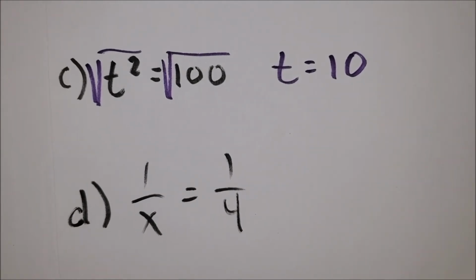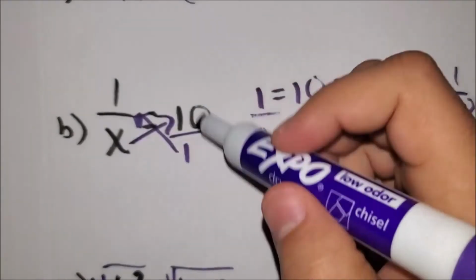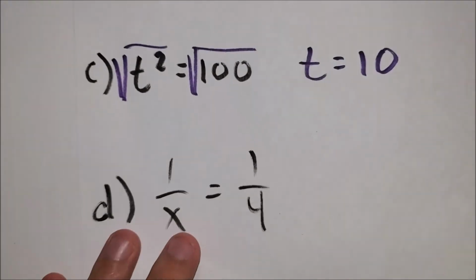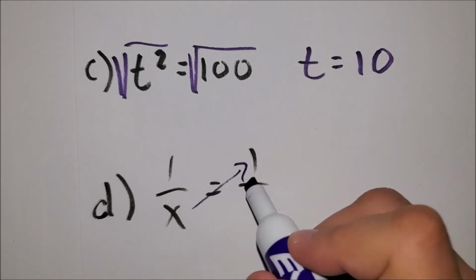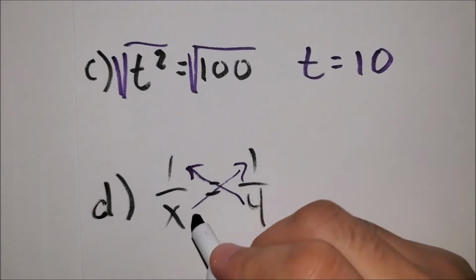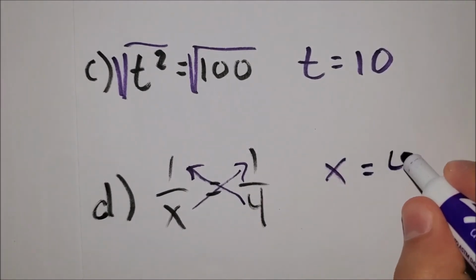I have 1 over x equals 1 over 4. Now this is still technically the same idea as this, because 10 is a constant, and so is 1 over 4. What we're going to do is cross multiply, like we were doing before. And this tells us that x equals 4.